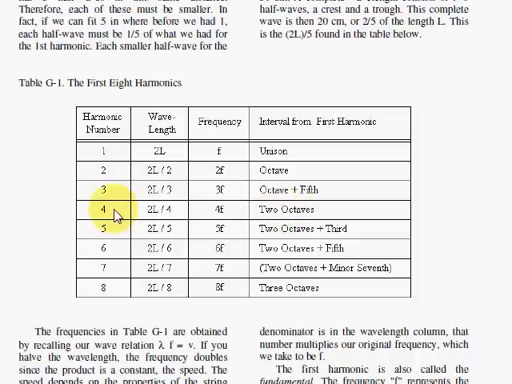For 2 octaves here, that means we double twice. So 1 to 2 is 1 octave and double again there. And then 5 to 4, that's a major third. So here I'm at 2 octaves, I add a third. For this 6th one here, you can do it a couple ways. One way is to look at the 4. 6 to 4 reduces to 3 to 2, so it's 2 octaves plus a fifth.